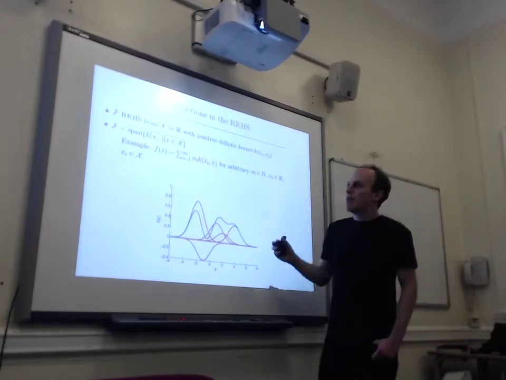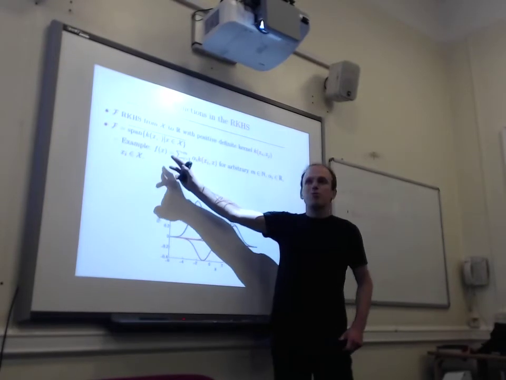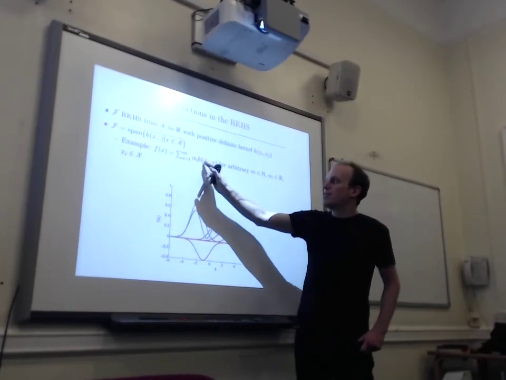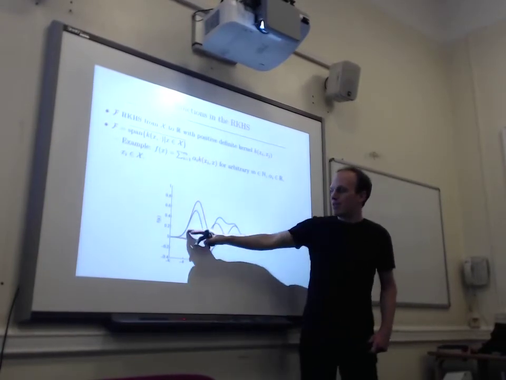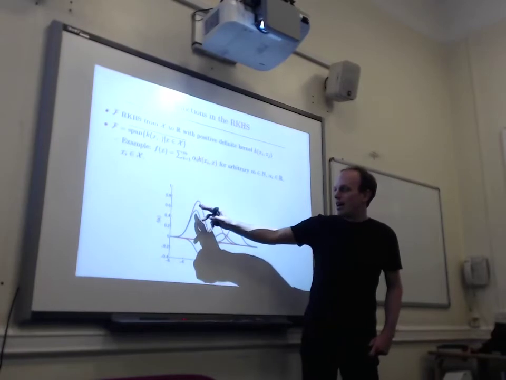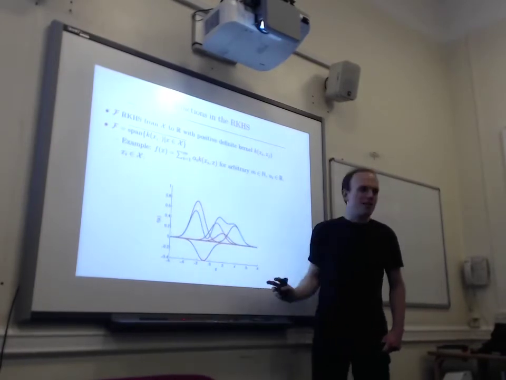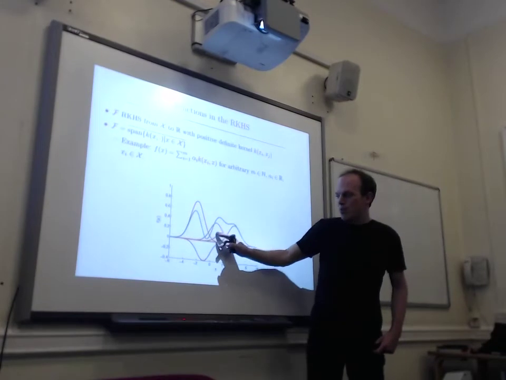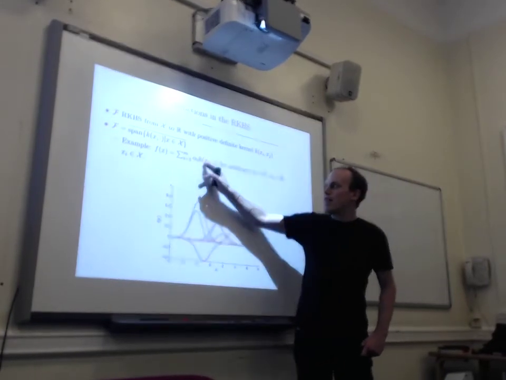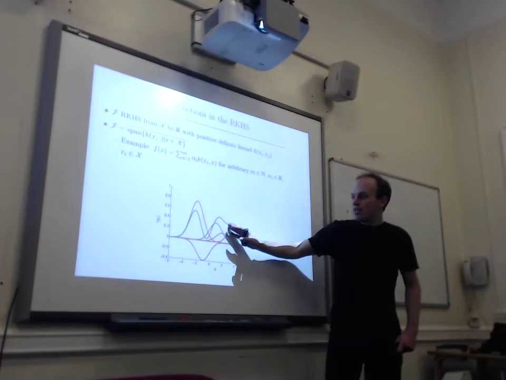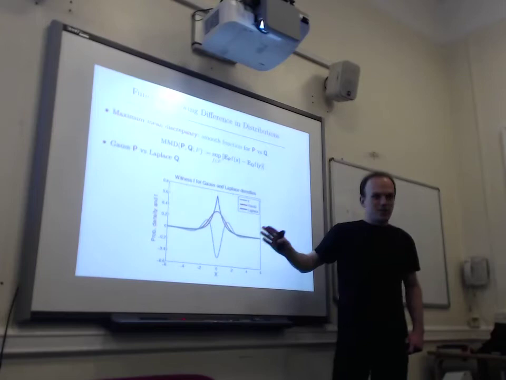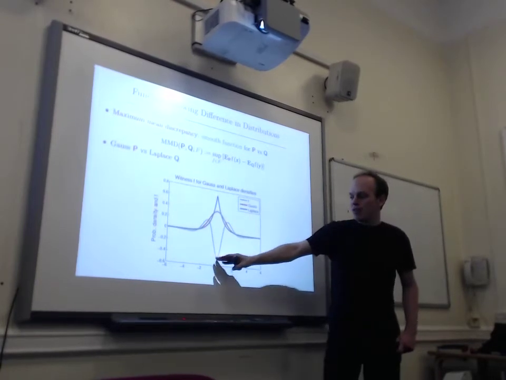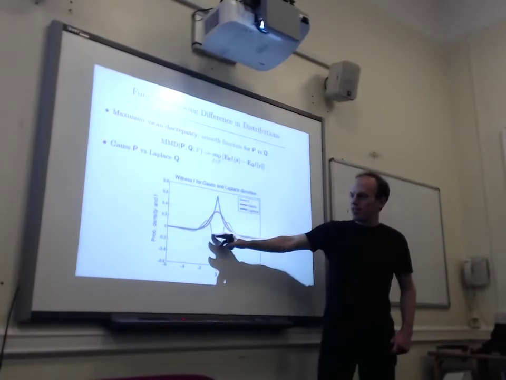Remember, when we have a function in a reproducing kernel Hilbert space, we can express it as a linear combination of these kernels. For the Gaussian RKHS here, I've got this smooth function. I've shown in red the kernels that make up that smooth function, and their amplitudes correspond to the weights that I have put here. So this kind of function is exactly the kind of function that I'm using here. I'm using precisely a function in a reproducing kernel Hilbert space with a Gaussian kernel to get this smooth function.